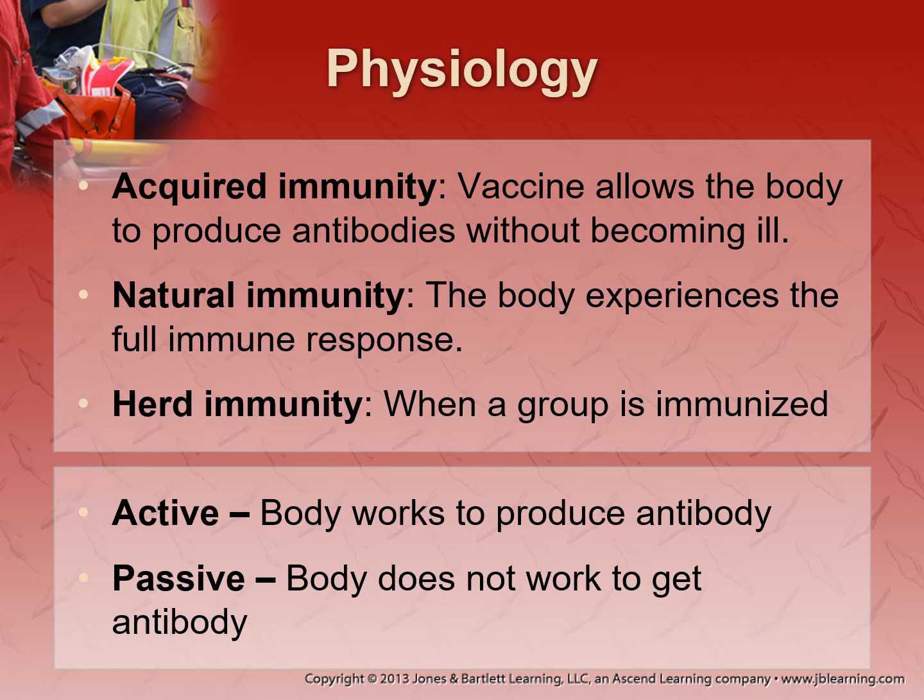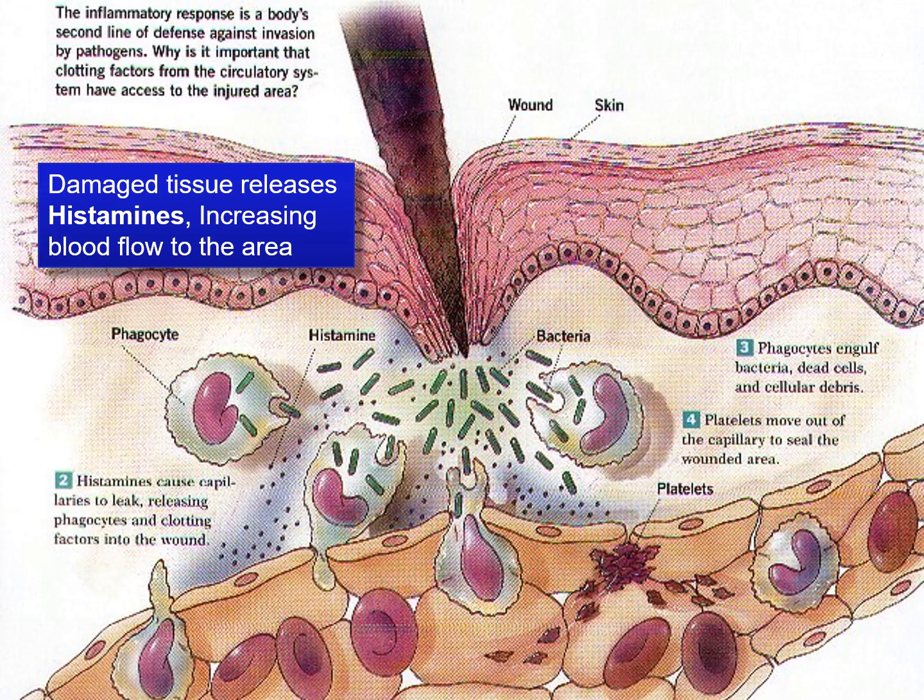Passive acquired is when we get a shot of antibodies. I think that's called monoclonal, the new way that we fight COVID. It's also discussed with tetanus. And then passive natural would be our mom giving us antibodies.